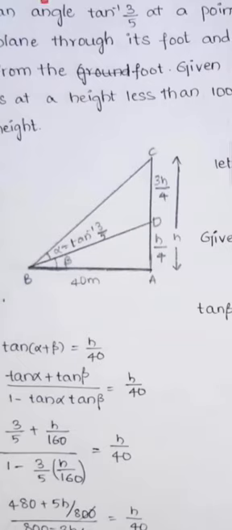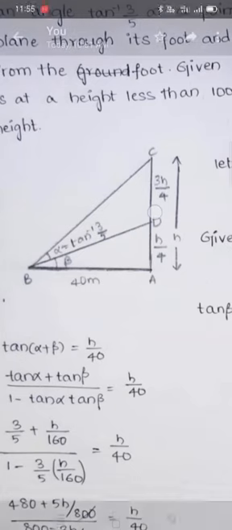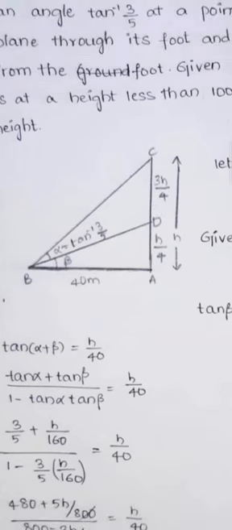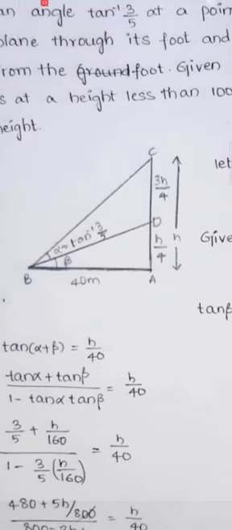So whenever AC bar is h length, CD bar must be 3h by 4 and AD bar must be h by 4 length. And one more thing given in the problem is that the angle of elevation from the point B to the upper 3 by 4th part, CD bar, is tan inverse of 3 by 5.